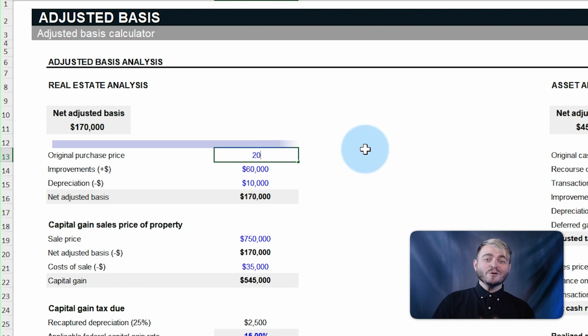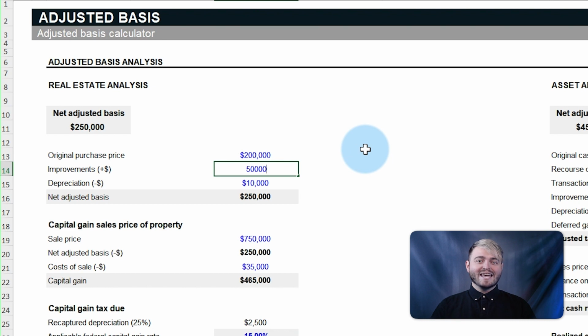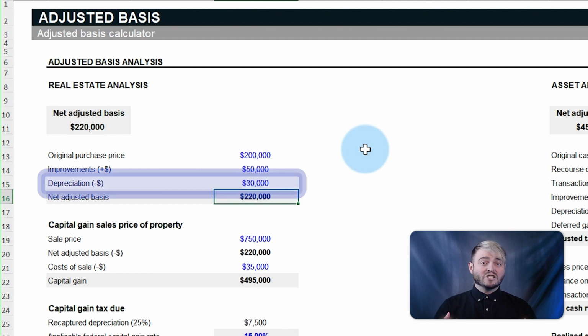Now, what about when you want to accurately determine the real value of your investment after considering all the expenses you put into it? For example, say you purchased a rental property for $200,000 and invested $50,000 in improvements, but over the years, you've claimed $30,000 in depreciation.